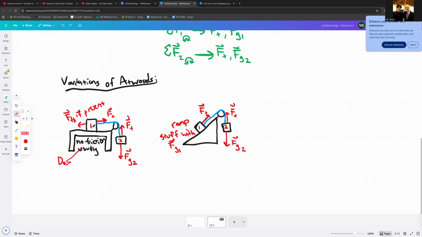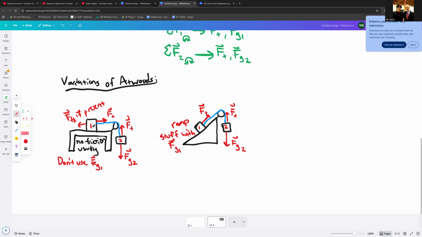So over here we don't use FG1. We just don't need it for the sum of forces.